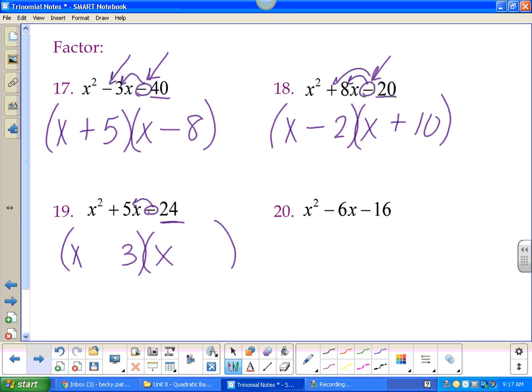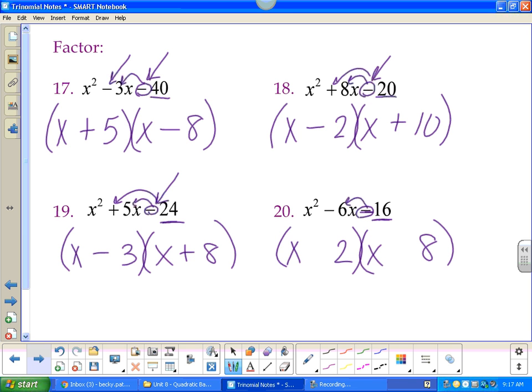That's 3 and 8. Signs are different. Bigger number gets the positive. The factors of 16 that subtract to give me a 6. That's 2 and 8. Signs are different. Bigger number gets the minus.